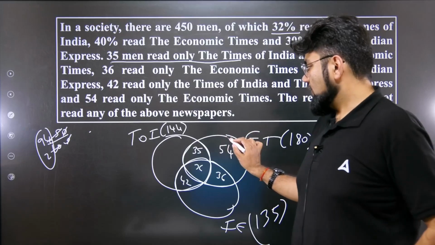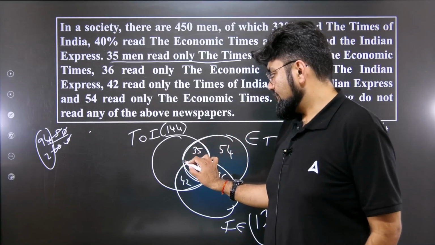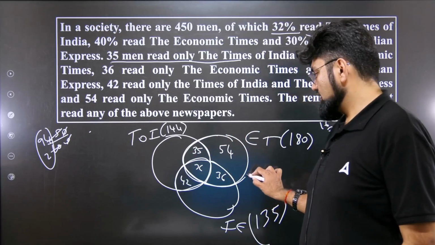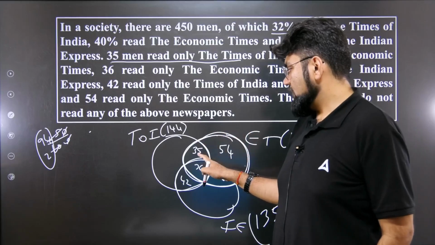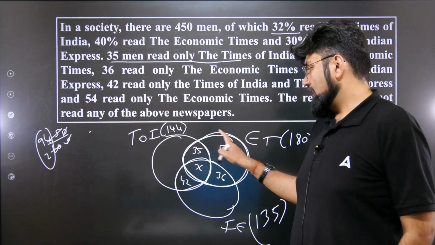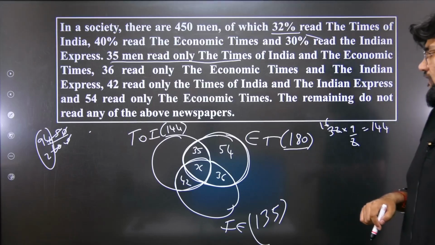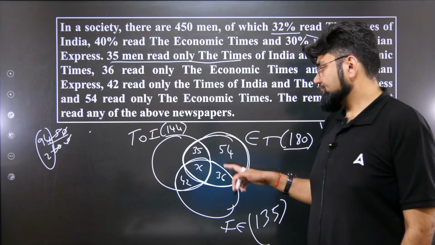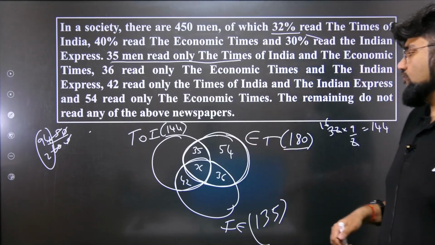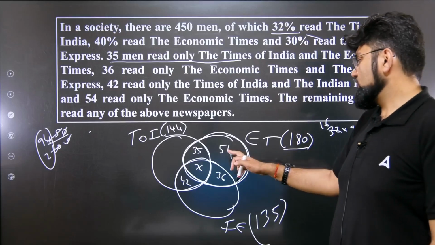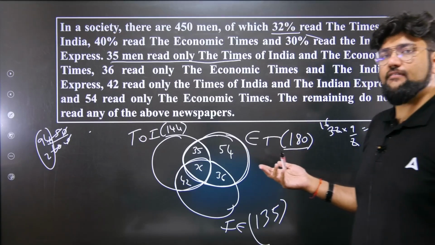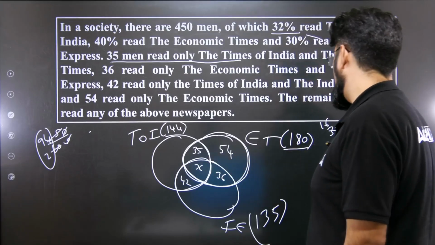If you look at this particular circle, which belongs to Economic Times, how many people are there? 35, 54, 36 plus X. And the sum of all this should be how much? 180. So if you add them, 71 and 54, that is 125, and you subtract it from 180, you will get 55 as your answer.